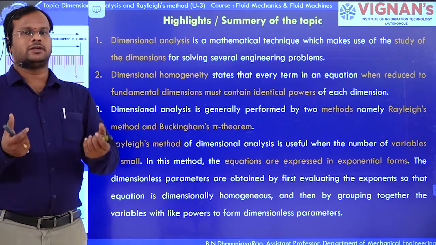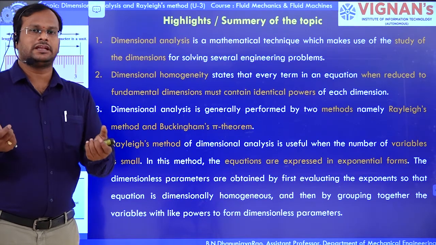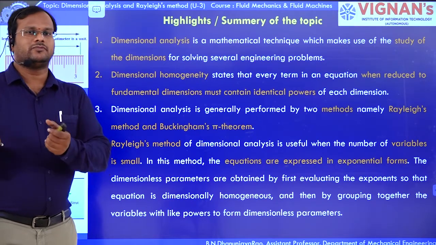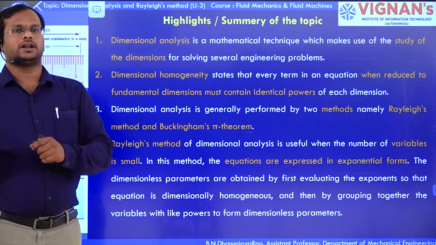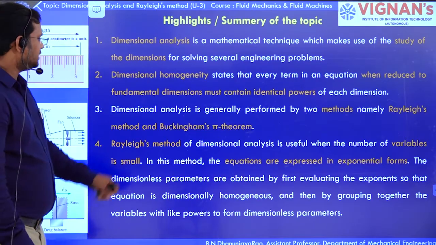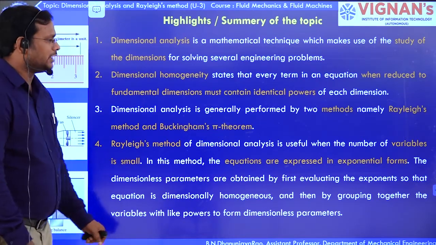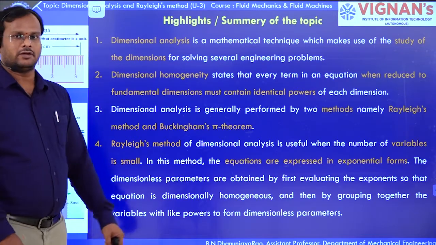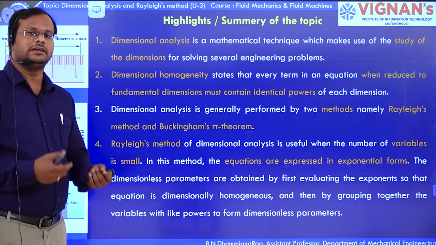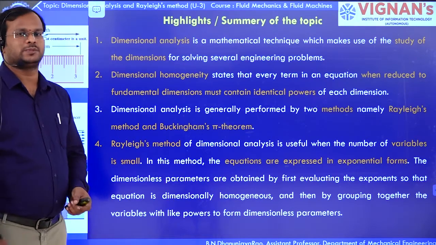The powers of the particular terms in an equation should be the same from the left side to the right side. Next, Rayleigh's method of dimensional analysis is very useful when the number of variables is small. When the number of variables increases, then we need to go for Buckingham's pi theorem.